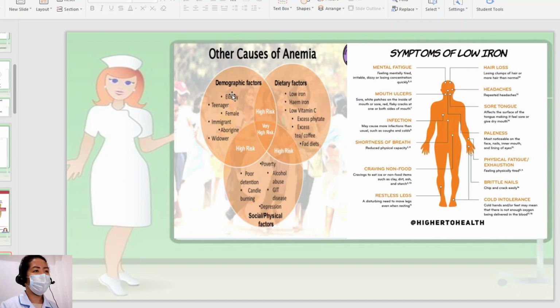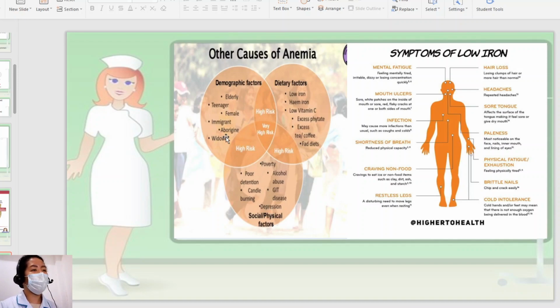So, for example, a widower doesn't like to eat iron-rich foods because of being depressed, due to depression.